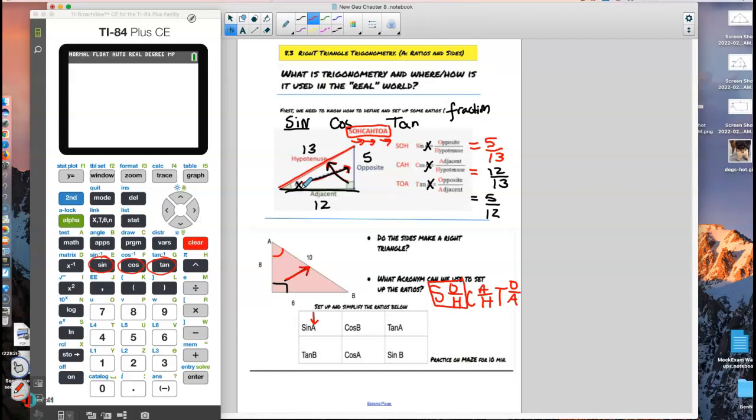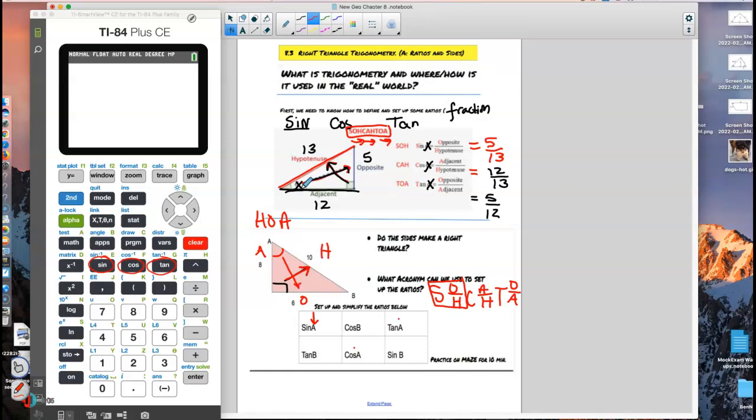For angle A, this is always the hypotenuse. For angle A, this is the opposite side. And for angle A, that's the adjacent. I like to do hypotenuse, opposite, and the last one is adjacent. And again, the hypotenuse is always across from the right angle. So let's go do all these angle A ones first, since I already have it diagrammed up here.